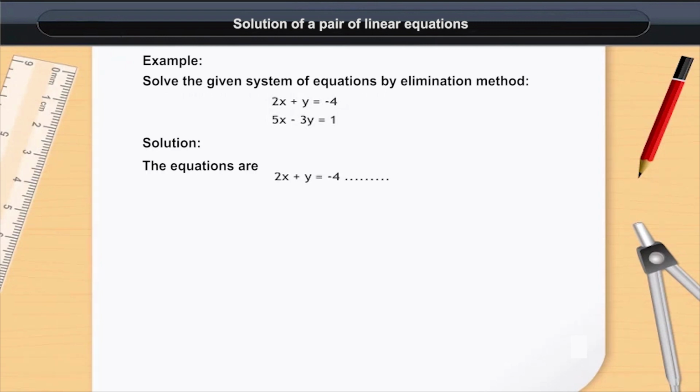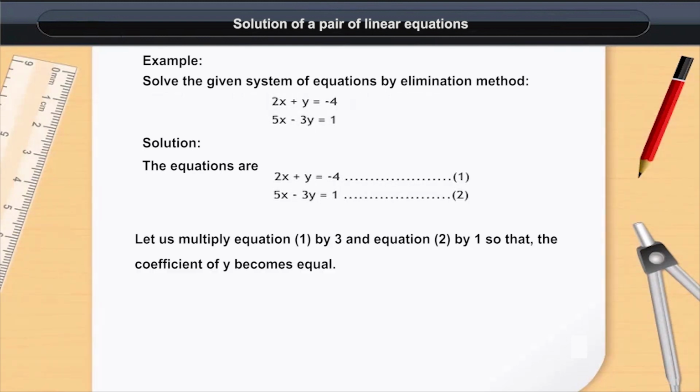Solution: the equations are 2x plus y is equal to minus 4 and 5x minus 3y is equal to 1. Let us eliminate y from the given system of equations. For this, multiply equation 1 by 3 and equation 2 by 1 so that the coefficients of y will be equal.